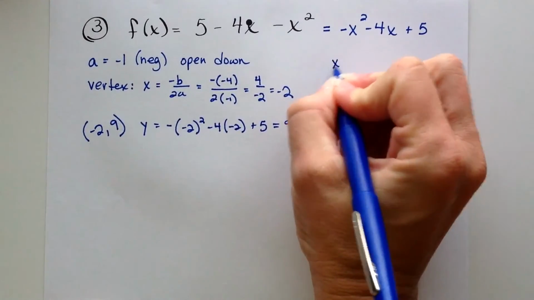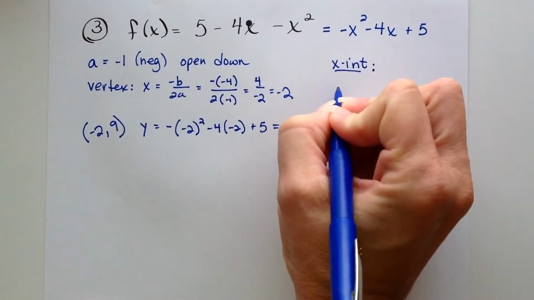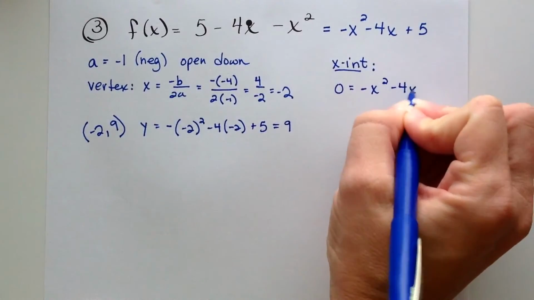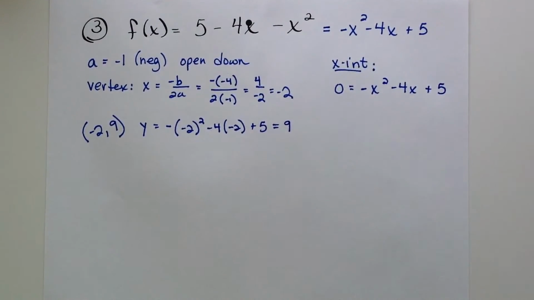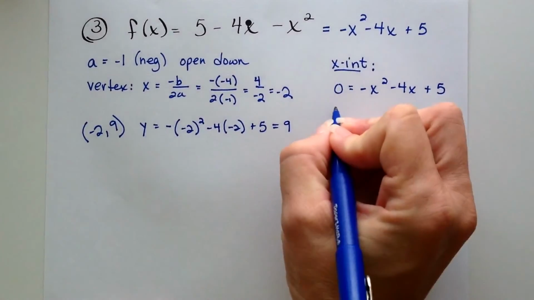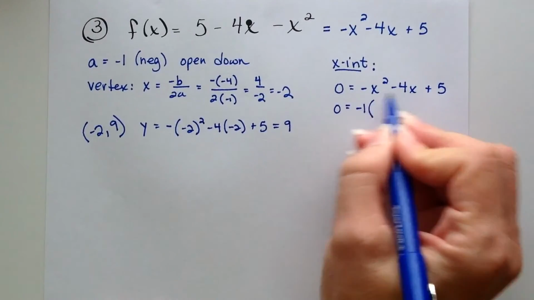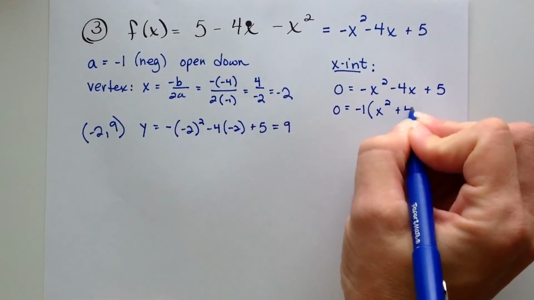Okay, x-intercept. This is where we set it equal to 0. Now you need to solve this, which you can do by factoring, but what I would suggest you do, especially if you've turned this around, is to factor out a negative 1.